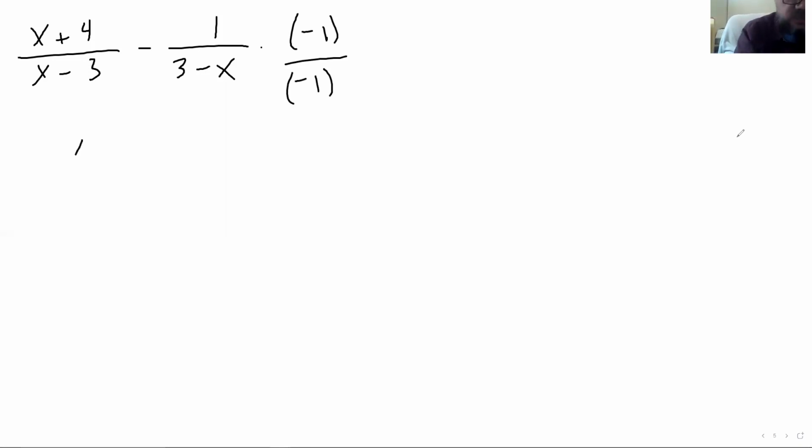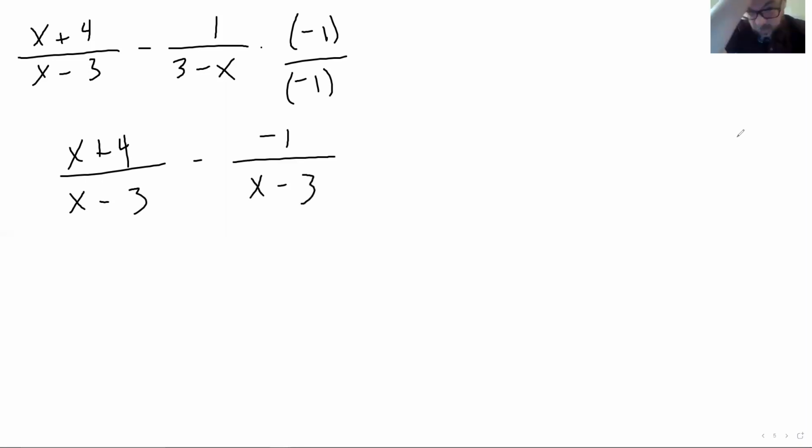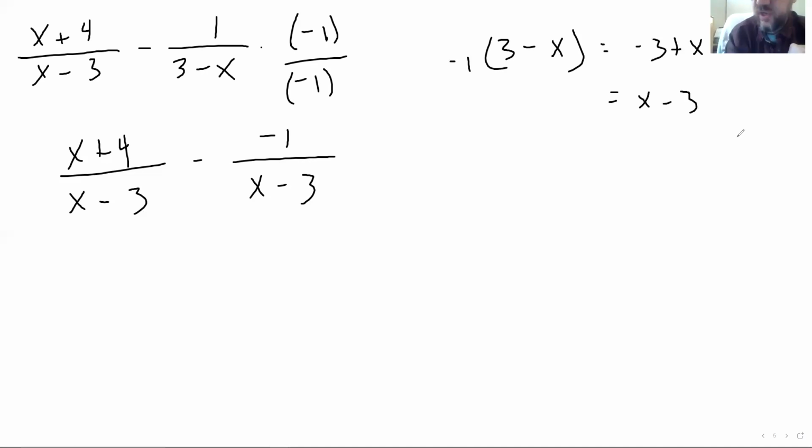So I end up with x plus 4 over x minus 3 minus -1 over x minus 3. Remember, 3 minus x times -1 does give you x minus 3. You just have to change the order.